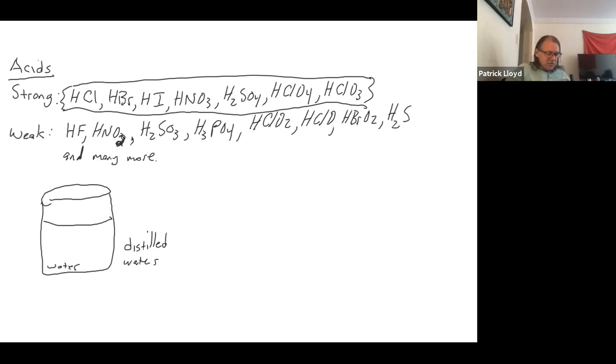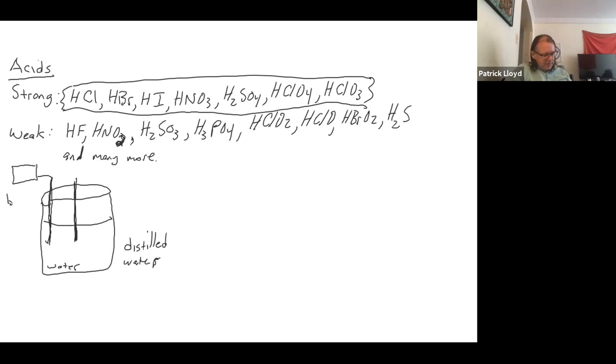Okay, so if you have distilled water, and you do the following. You put in 2 wires. Okay. And then you put a battery.